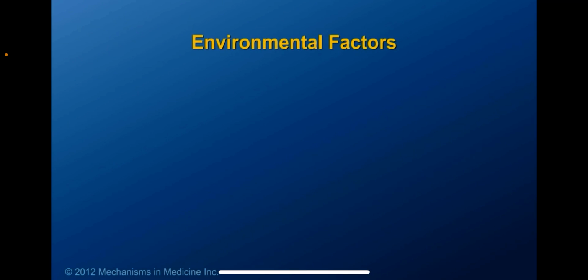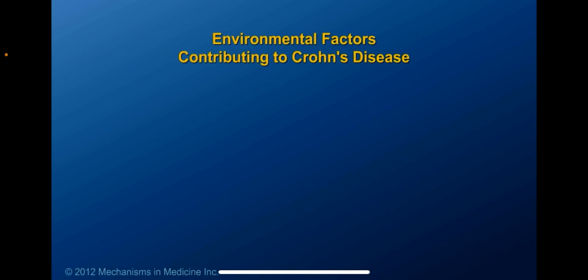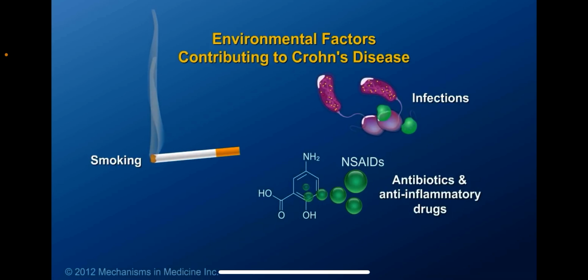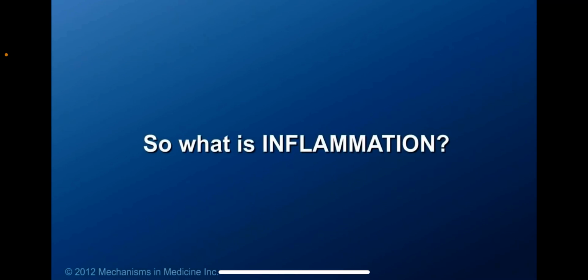Environmental factors that may contribute to Crohn's disease include infections, smoking, and taking antibiotics or anti-inflammatory drugs known as nonsteroidal anti-inflammatory drugs, or NSAIDs. One way that the body can protect against potential bacterial threats is with inflammation.